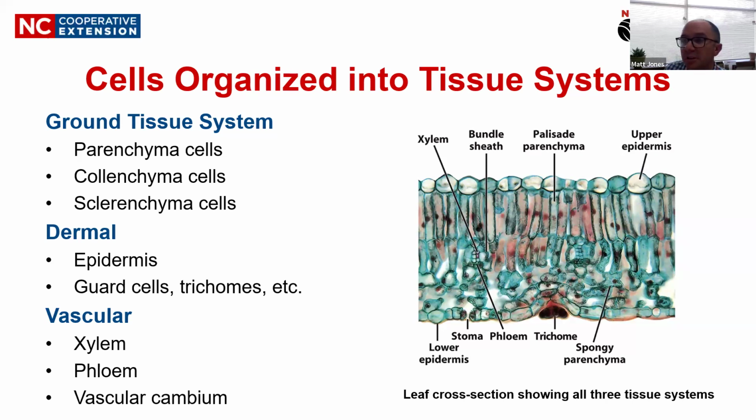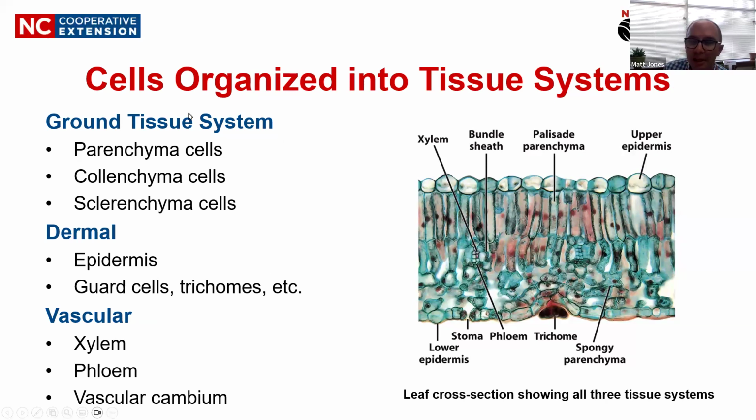types of tissue systems. Ground tissue, which is what makes up most of the plant body. Dermal tissue, which is mostly the outer skin-type cells, the outer layer of cells that protect the plant. And vascular tissue systems, meaning the cells that make up the vessels that transport food and water.